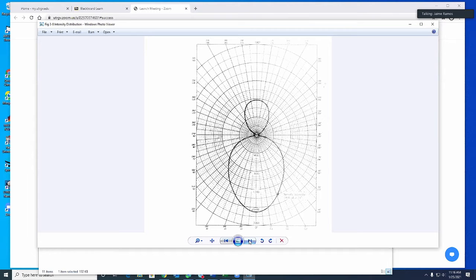As we can see here, the light source emits vertically upwards. So this is the intensity distribution, illuminance distribution of a light source.